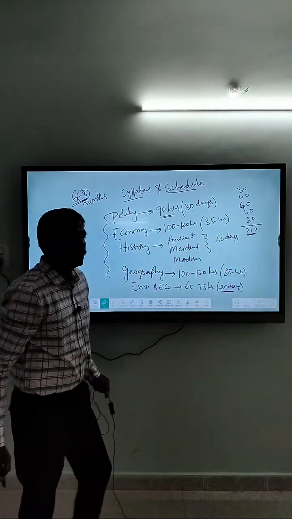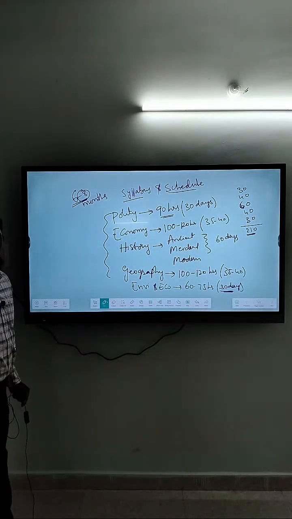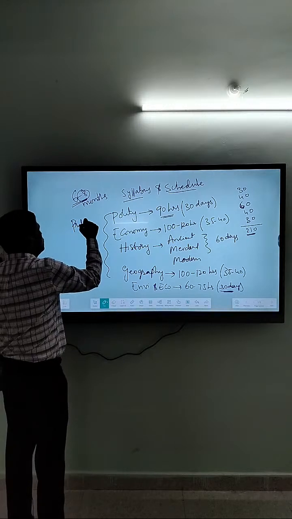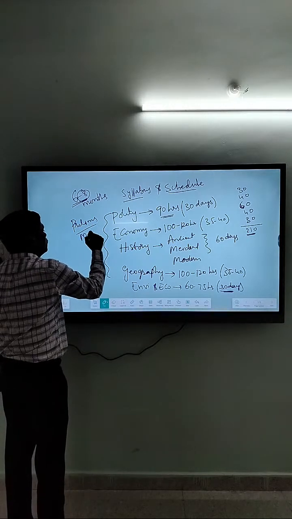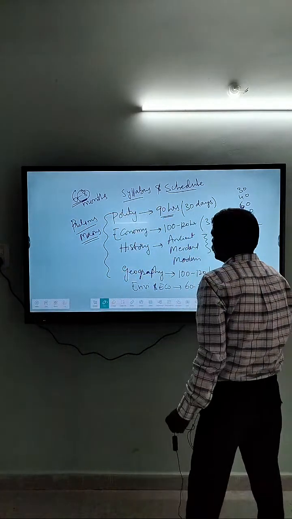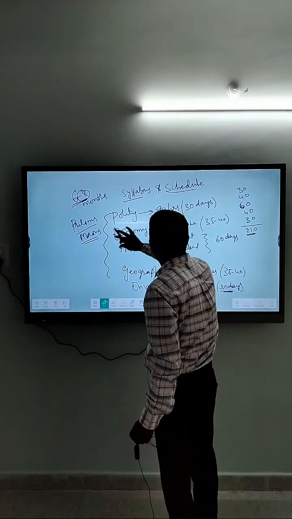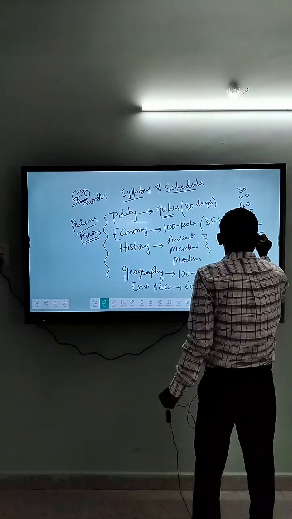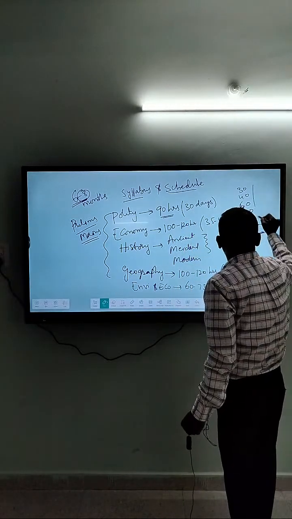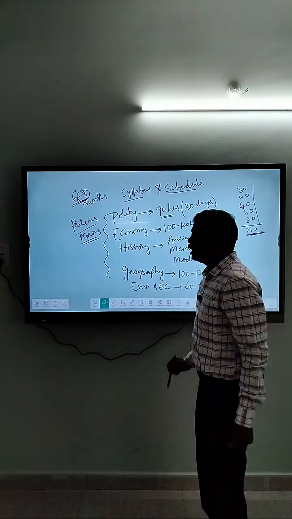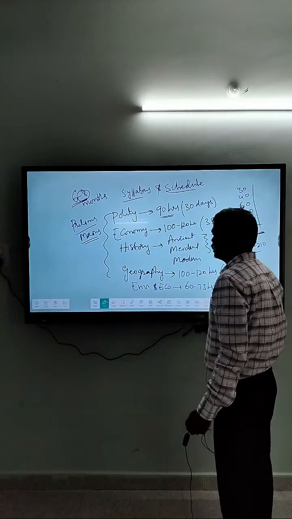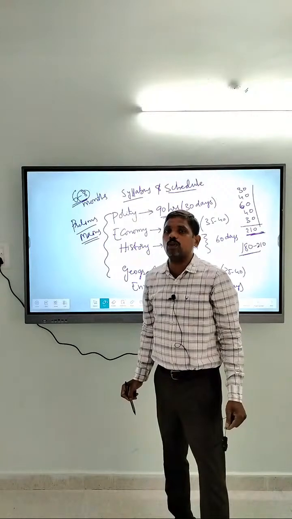To complete the entire core part of UPSC, the topics common to both prelims as well as mains, it will take not more than 210 hours. Remember, I have used the upper limit. To complete this it will take 180 to 210 days, that means a maximum of 6 to 7 months.